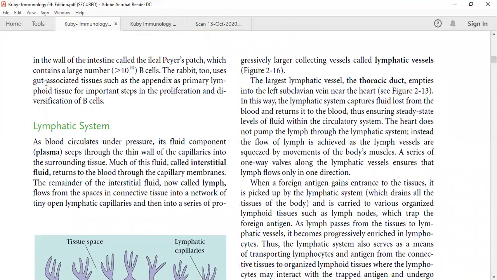In rabbit too, it is actually having gut associated lymphoid tissue such as the appendix, which is the primary lymphoid tissue for important steps in the proliferation and diversification of the B cells. So actually, it depends upon the species we are talking about.